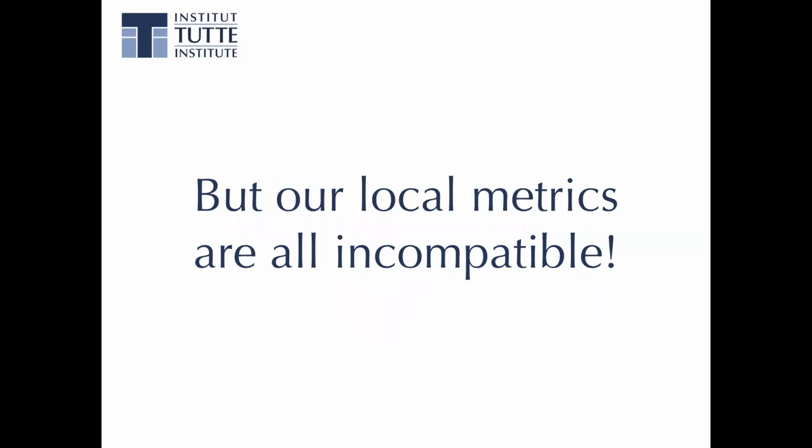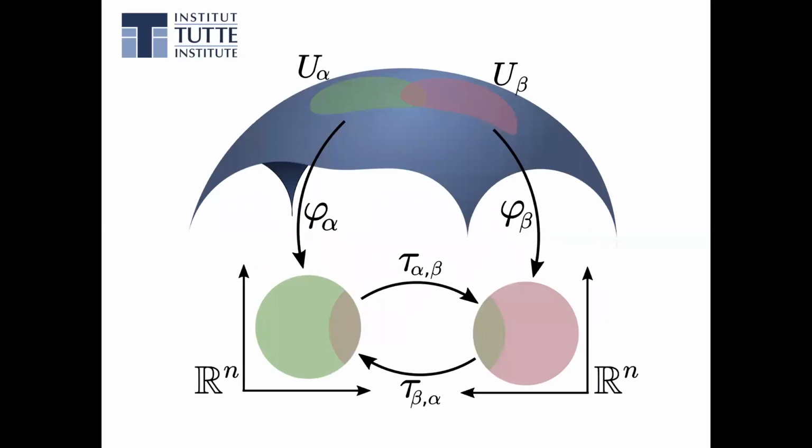But I've swept a problem under the carpet here, which is that all these local metrics are incompatible with each other. So when I was talking about manifold theory and everything was nice, I had all these patches, and these patches might essentially have different metrics on them, different notions of distance. But down the bottom of this diagram, I have these maps that sort of map back and forth between wherever the patches overlap.